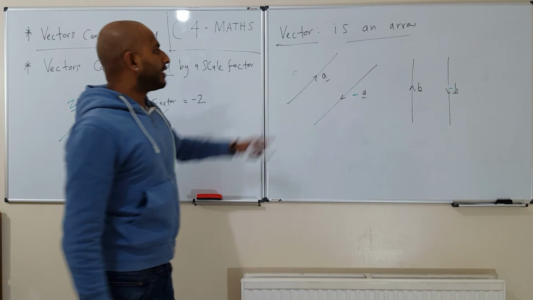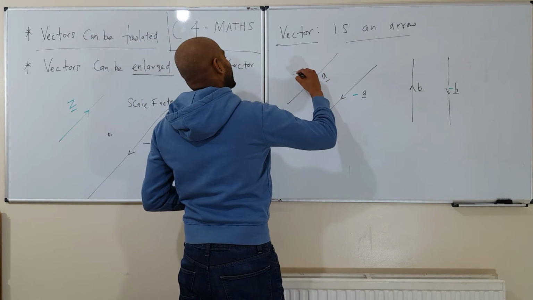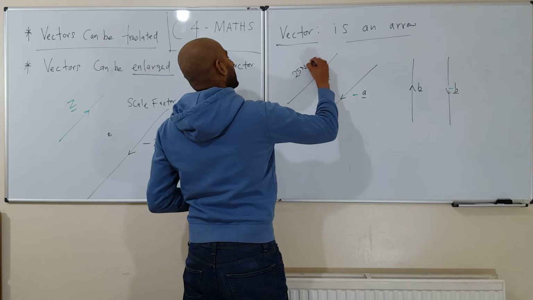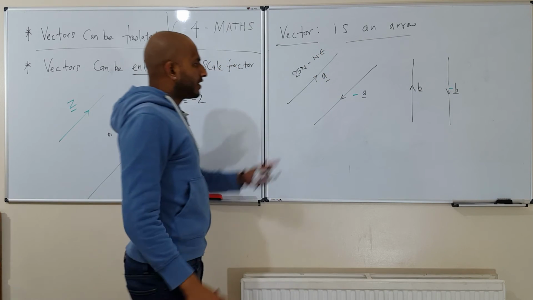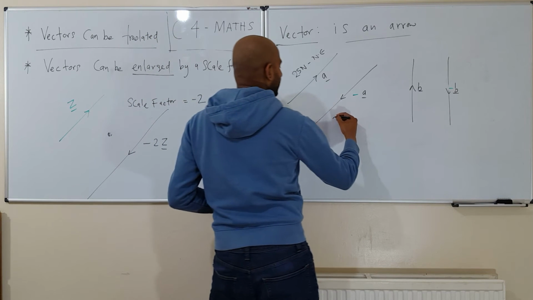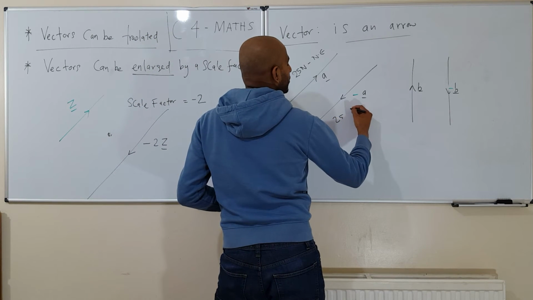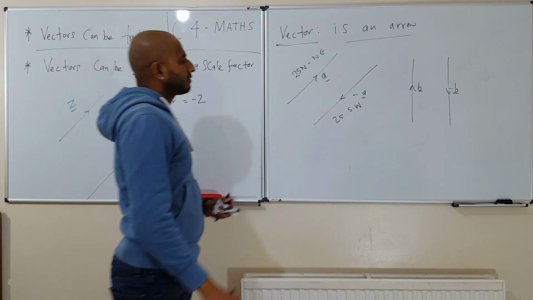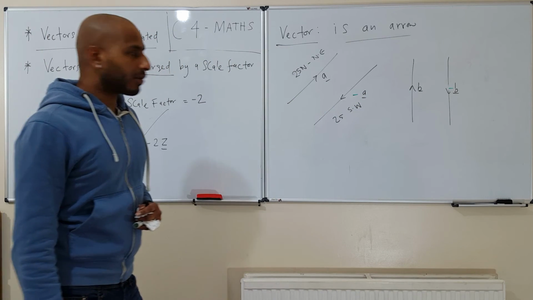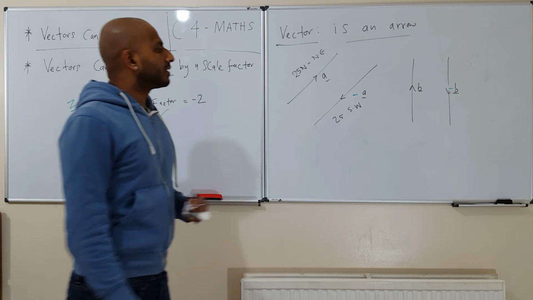Let's say that is 25 newtons due northeast. This will be 25 newtons due southwest. It's an example. It's not required, but I'm just giving an example.